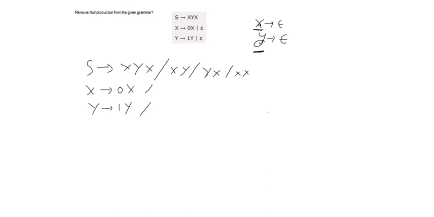Assuming that your last Y and X are null, you will get a single X. Assuming that both X's are null, then only Y will come. Assuming that the first X and Y are null, one X will come. That one X is already there, no need to represent that again.